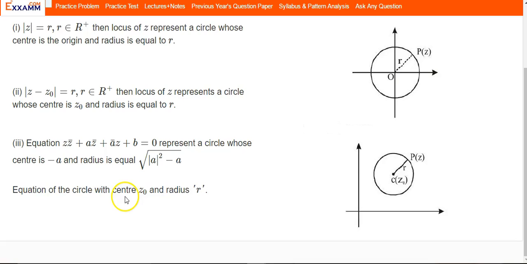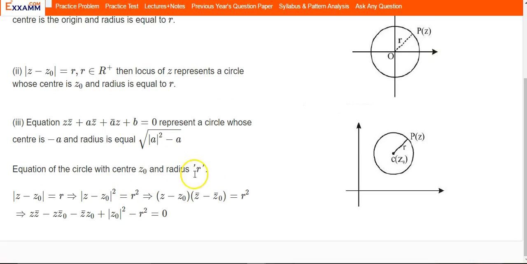Now the equation of the circle with center z0 and radius r is modulus of z minus z0 is equal to r. We can expand it by squaring it and writing the square as the complex number multiplied by its conjugate. So we get z minus z0 into z bar minus z0 bar, and on expanding it we get z z bar minus z z0 bar minus z0 z bar plus z0 z0 bar minus r square is equal to 0.